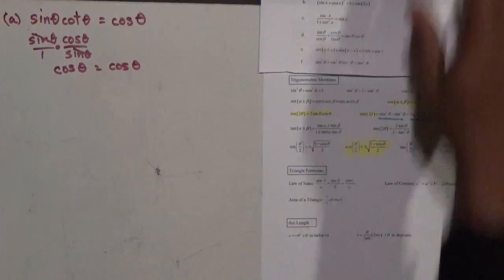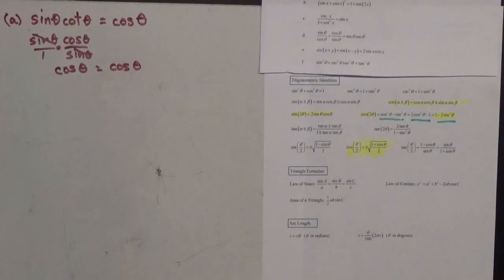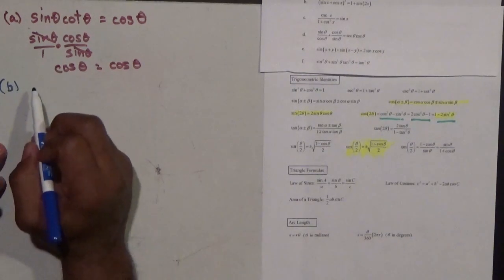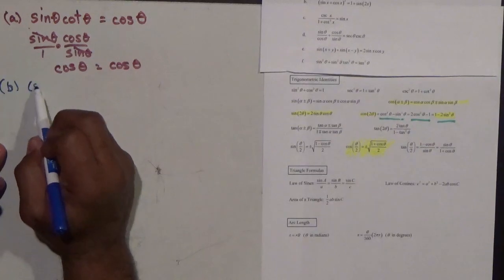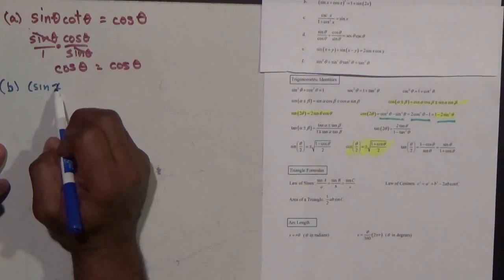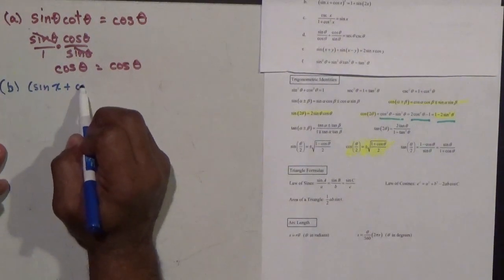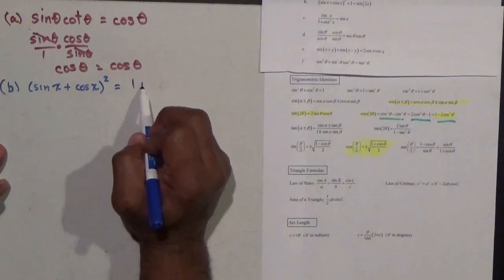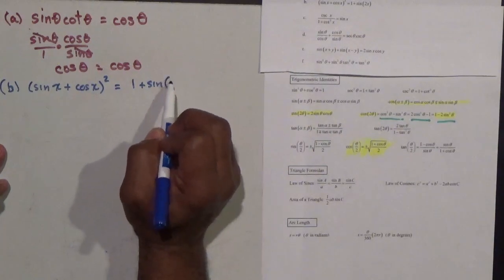B. We have sine x plus cosine x all squared is equal to 1 plus sine 2x.